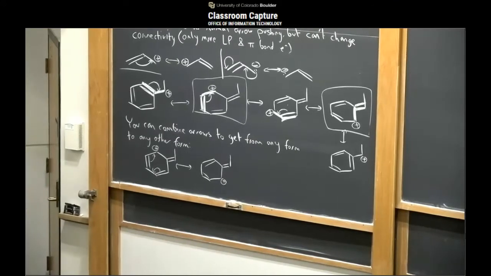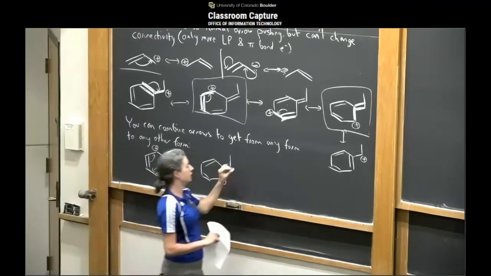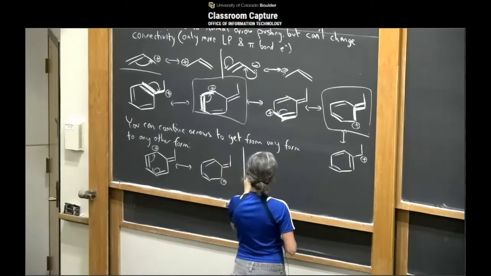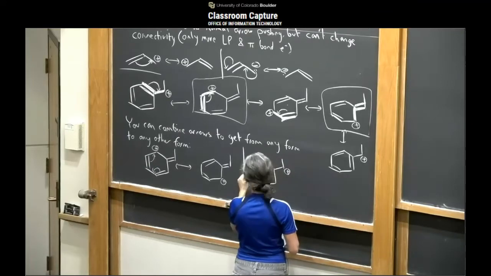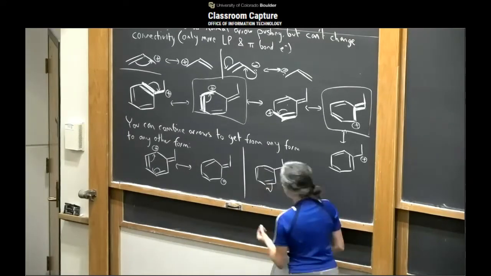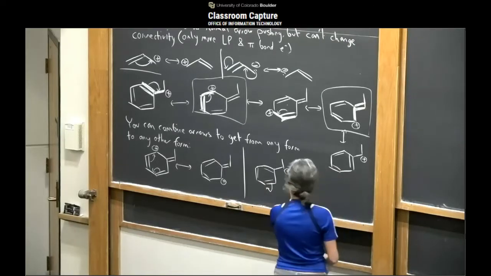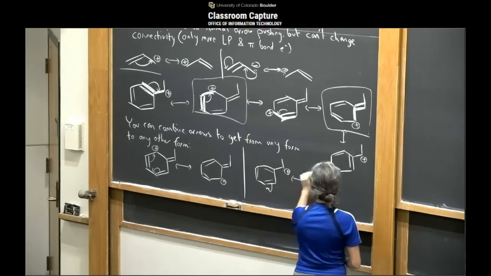Okay, does that answer it? Why do you not just move the bottom pi bond? I see. So you're asking, what if I start at, say, this one, and then why don't I just do something like that where the pi bond splits on its own? So that is valid arrow pushing.